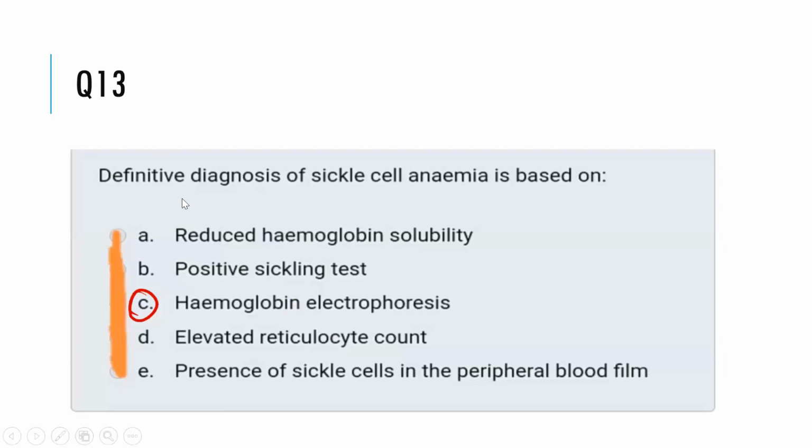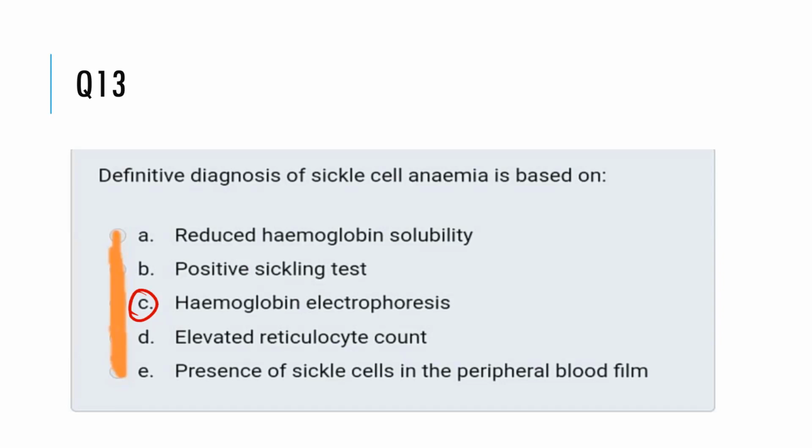For question 13, definitive diagnosis of sickle cell anemia is based on. This is actually a catch, especially in your exams. Make sure you know that the definitive diagnosis of sickle cell anemia is Hb electrophoresis. For all other tests, the screening tests, that's where you can put your sodium metabisulfite, the one for oxygen concentration, the solubility test.